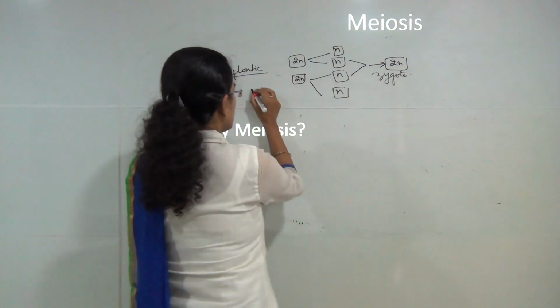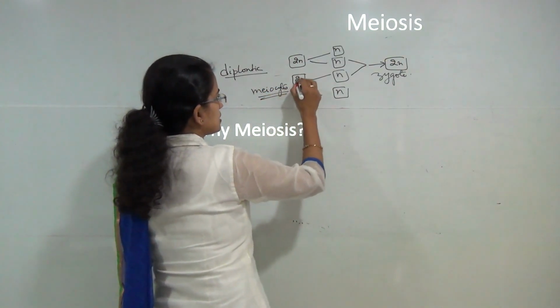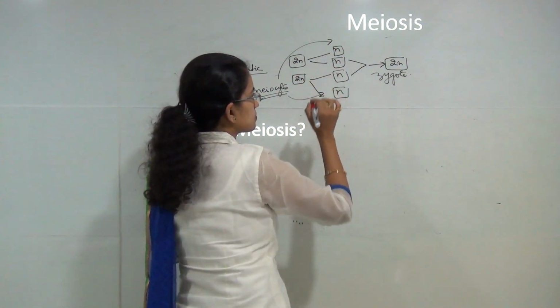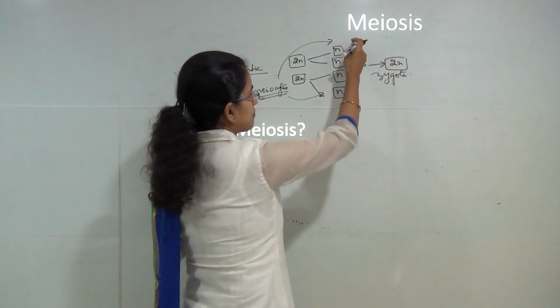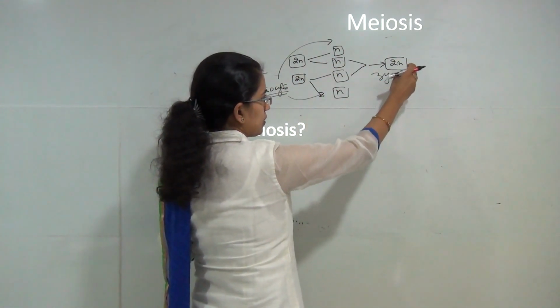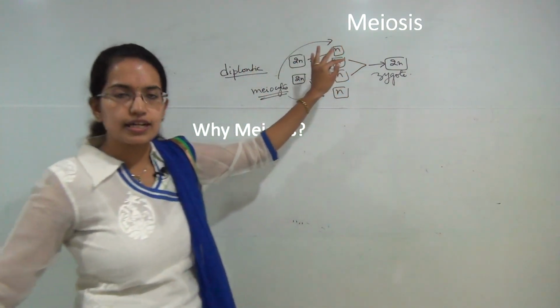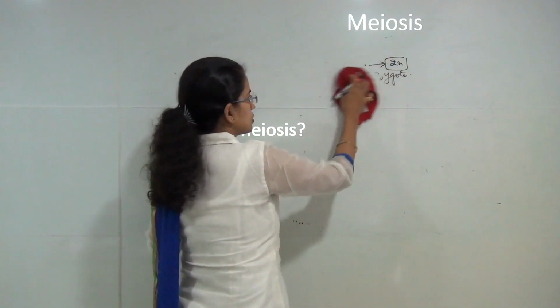So you have meiocytes which are formed, and these meiocytes are either oocytes or spermatocytes based on whether it's a male or a female, and finally you have fusion into zygote which again forms 2n.